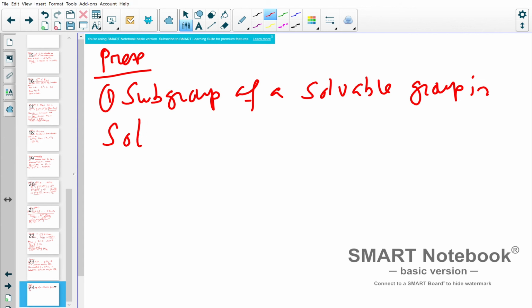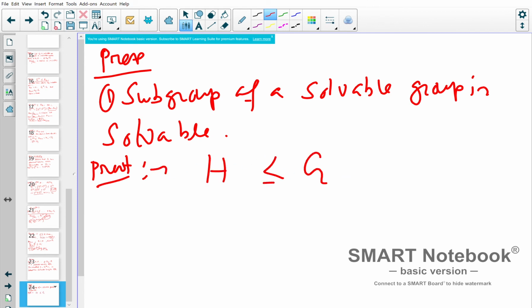So whenever you have a solvable group, every subgroup is solvable, right? The proof is also not difficult. Suppose H is a subgroup of G, and I know that G is solvable, right?